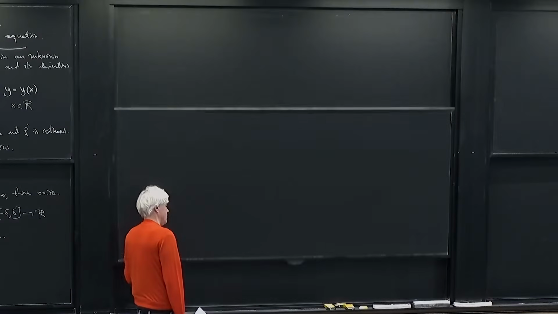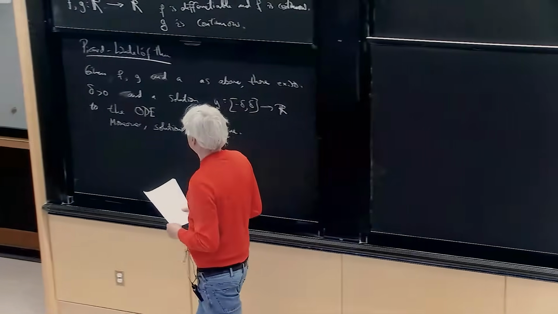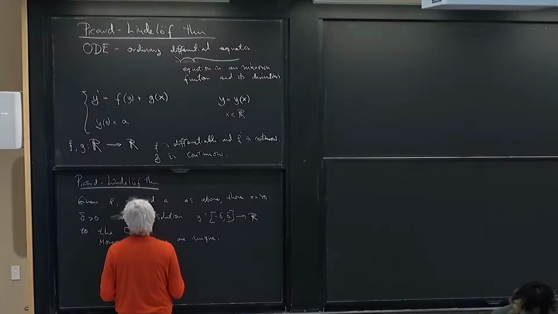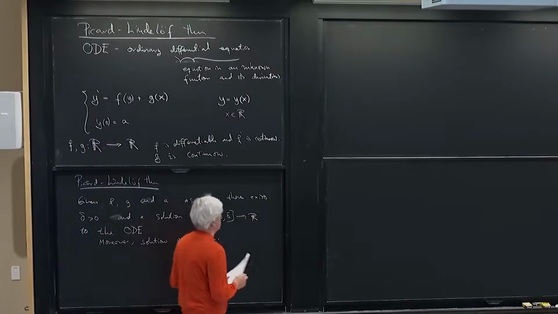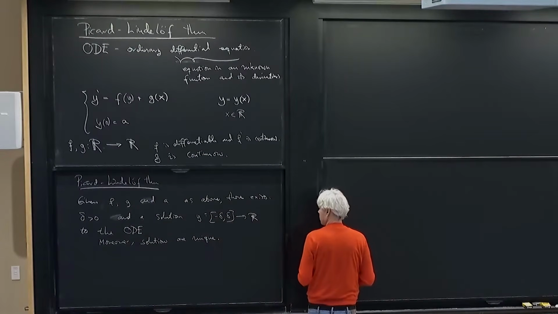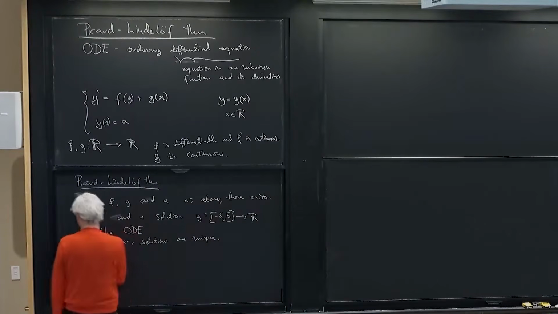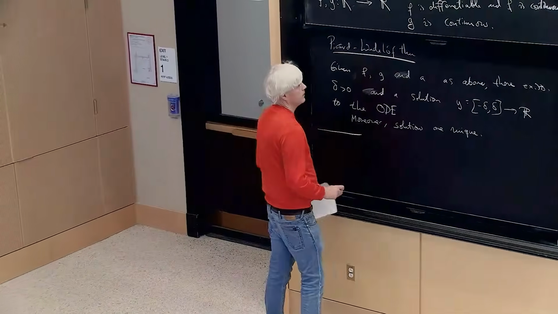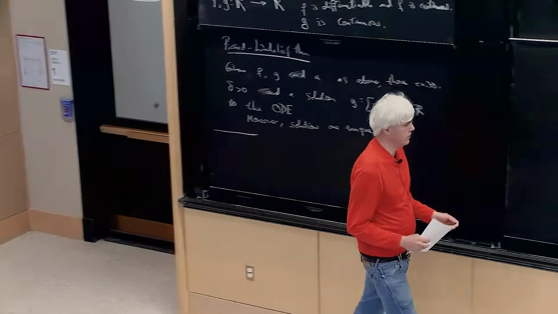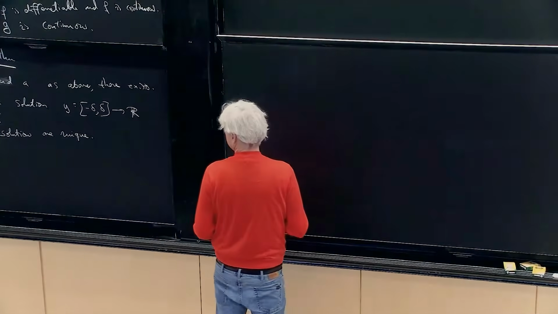And part of the interesting thing, I mean, this is a fundamental question used all over science and engineering. And one of the interesting things is that the proof of this uses metric spaces. Various versions of the proof have been used to prove existence and uniqueness of various differential equations.